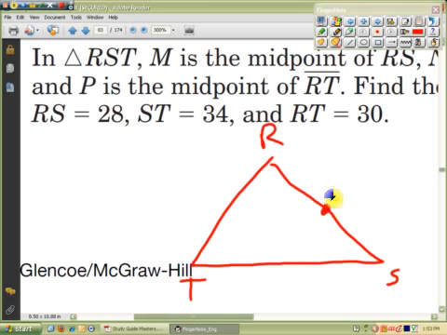So there's an M here. And then it says N is the midpoint of ST. So there's an N here. Midpoint. Remember midpoint, which makes this side equal to this side equal to this side. And then it says P is the midpoint of RT, so P goes here. They want to know the perimeter of MNP. Well, here's MNP. That's the triangle MNP. They want to know perimeter of it. Okay?